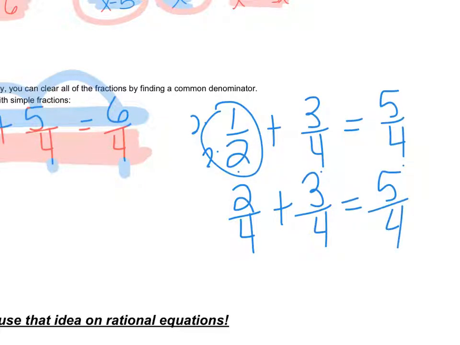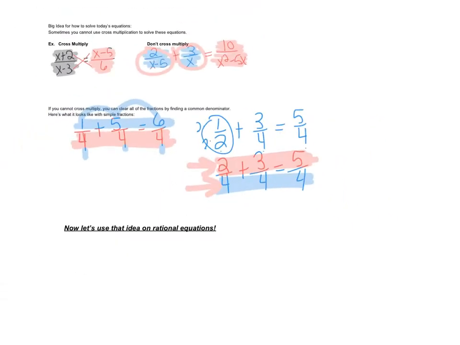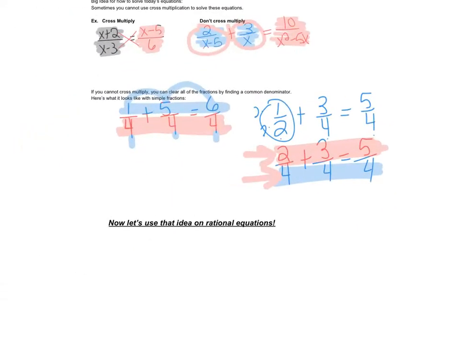And now the denominators are all the same, which means the numerators are going to make a true equation. 2 plus 3, in fact, does equal 5. And it works the exact same way with rational equations. If you find a common denominator, that's going to make the numerators one simple equation to solve. So let's take a look here at how we do that.